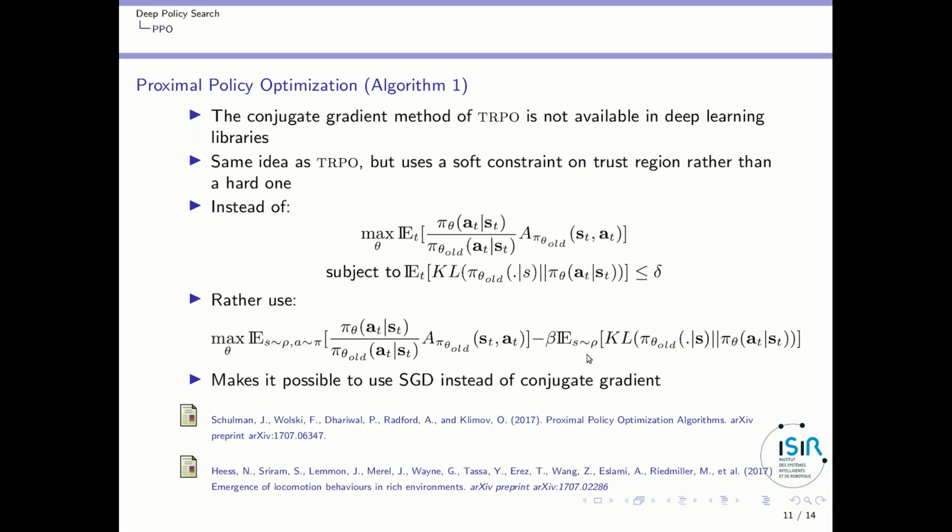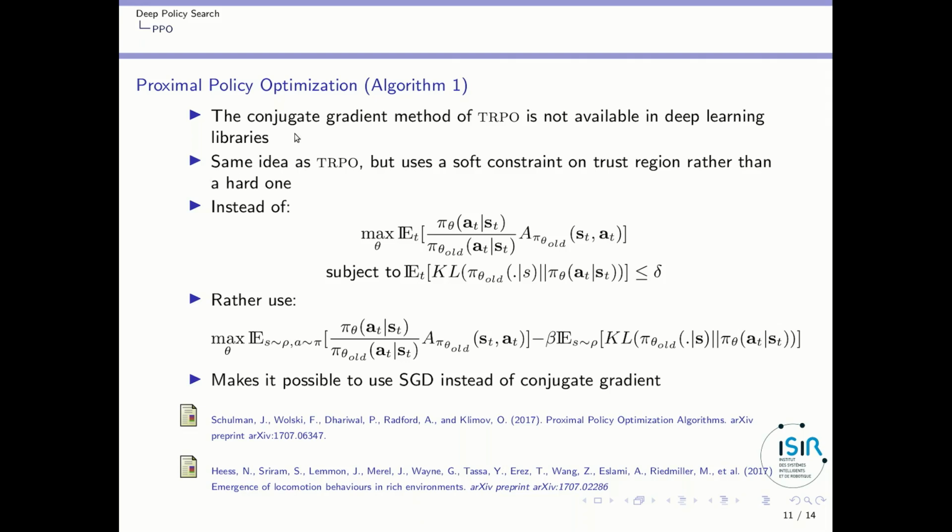So about PPO, as I told you in the introduction, I won't speak for long because you can find very nice videos about these algorithms on YouTube. Okay, the general idea of the first algorithm is very simple. The starting point is that the conjugate gradient method of TRPO is not available in tensor gradient calculation libraries, as I said before.